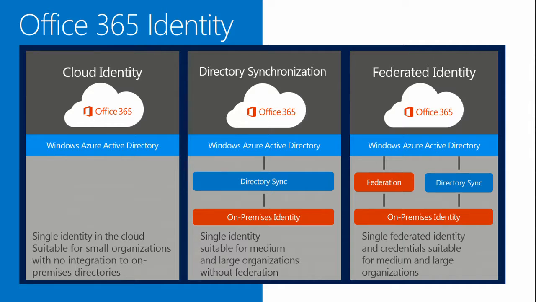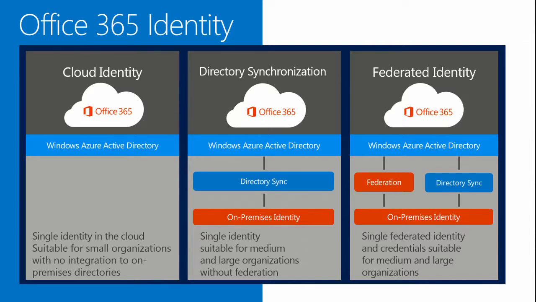Password synchronization, or having the same password on premise and in the cloud, is one of the most predominant reasons why people move to the third option, which is federated identity. So directory synchronization gets your directory into the cloud. What federated identity does is provide you with all authentication requests being done on premise.